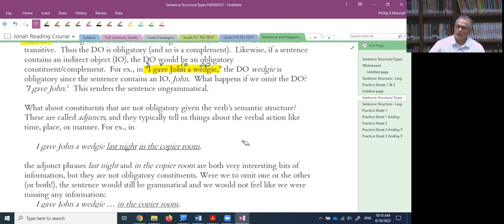Yeah. There are situations where in the discourse, the prior sentence might contain, say, the indirect object, and it's so active in the discourse that repeating the indirect object isn't absolutely required.